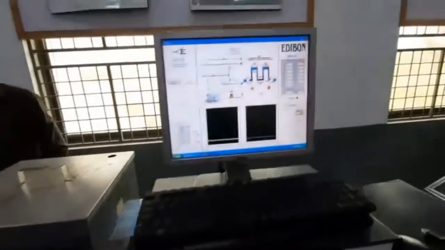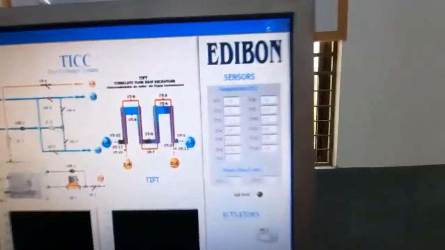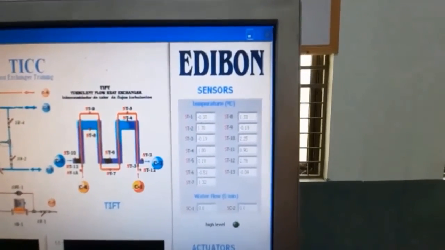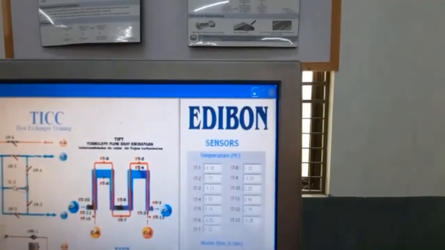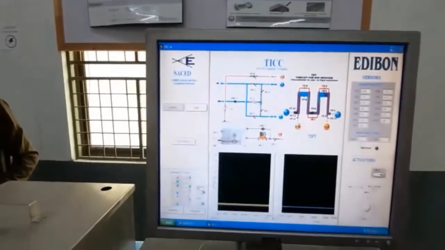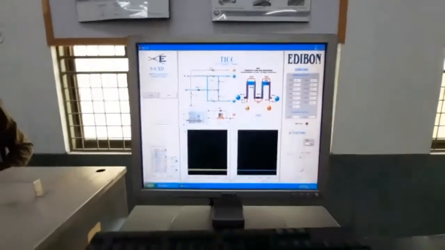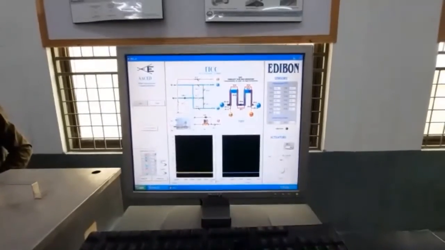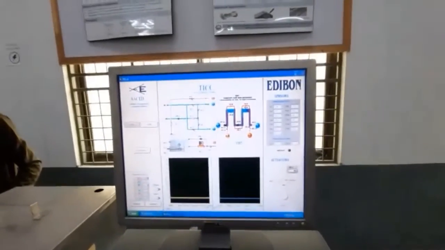So now he has converted this into a parallel flow, and we will measure the values of temperature from this computer unit, which is attached directly to the main console as well as the heat exchanger. So in this way we will get the values of temperatures.